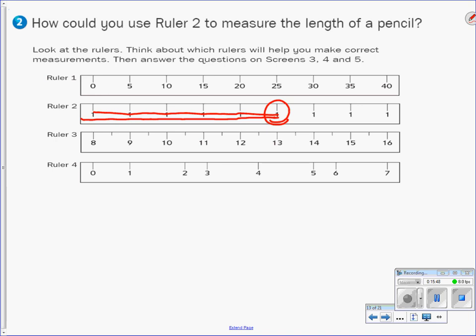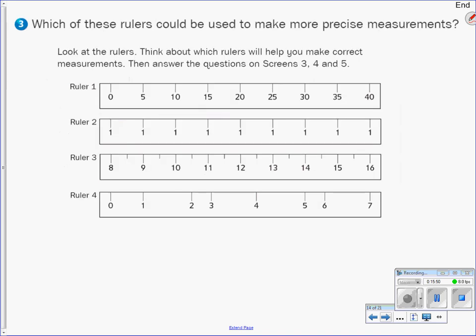Which of these rulers could I use to get more precise measurements? That would give us ruler number 3. It would give us more precise measurements because they have marked the 1/2 inches in between.